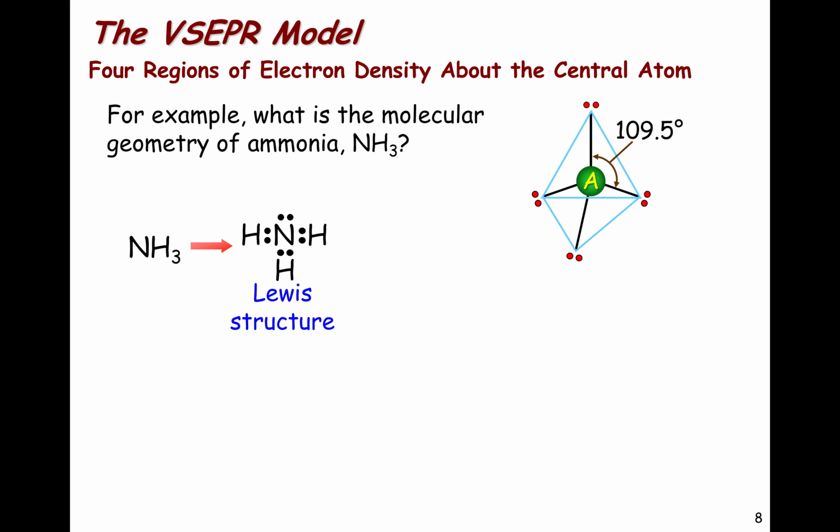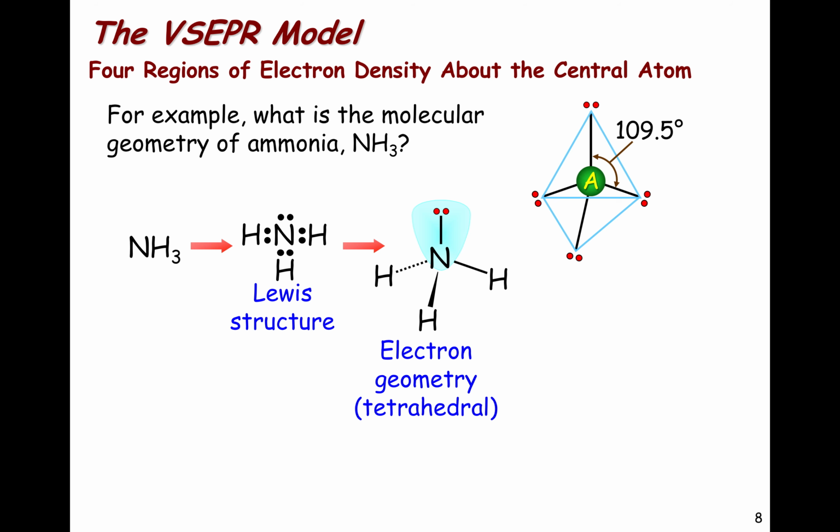So again, there are 4 electron regions, so we have a base structure of the tetrahedron, again with 109.5 degree angles.